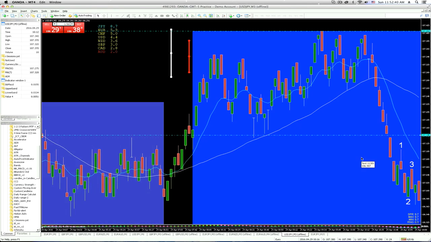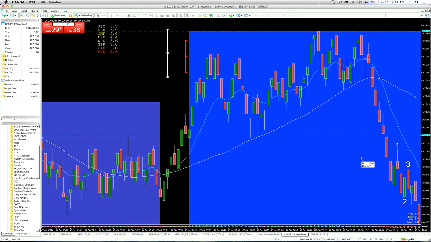Okay, price trades back down to about my entry and starts taking off to the downside. Remember, I'm only looking for 10 pips, which would be 12 pips from my entry, and that 12 pips from my entry is right about, let's see if I can get down low enough on here. It's right about there.